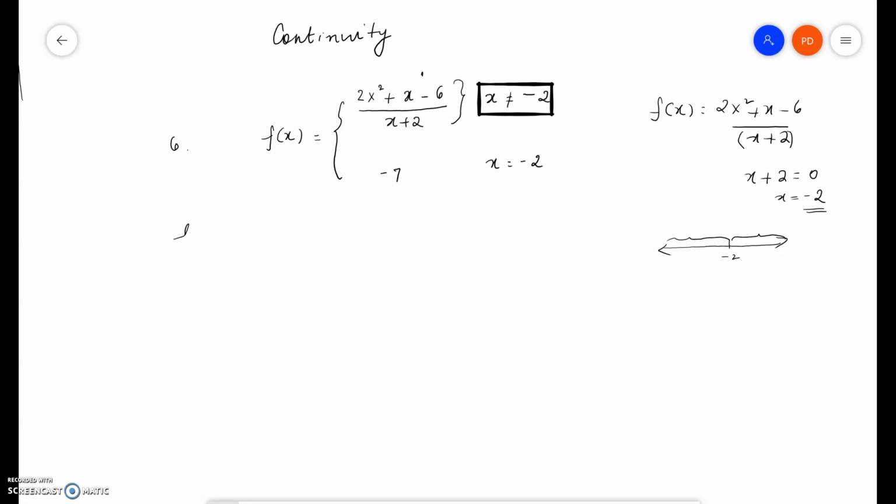So we need to find the limit of f of x as x approaches negative 2. In order to do this, remember that it's a piecewise defined function.